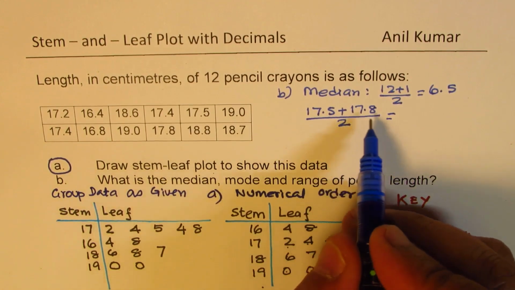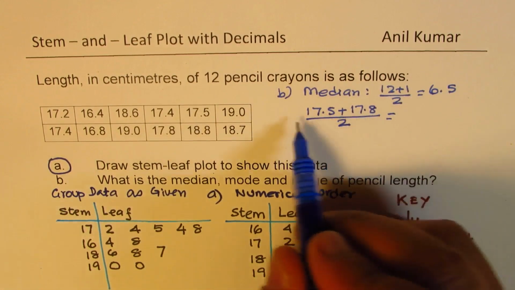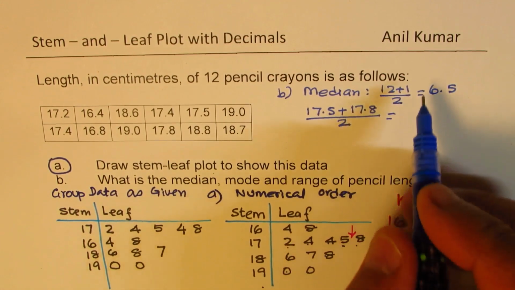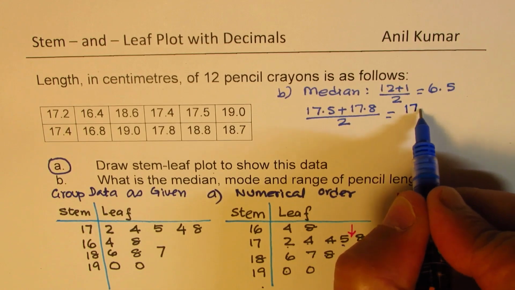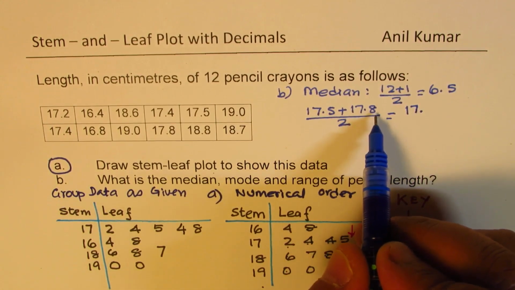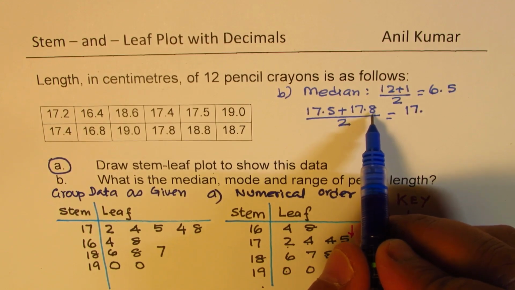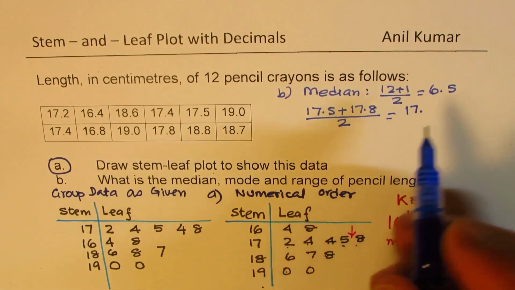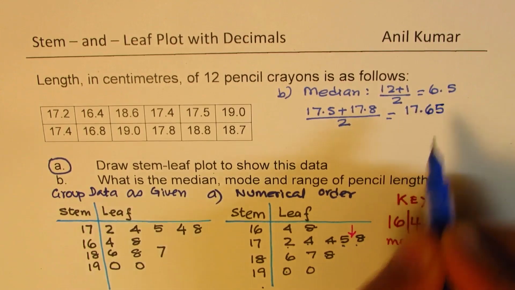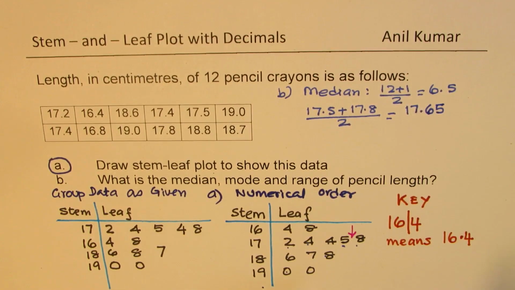Now in this case, 17 plus 17 divided by 2 will definitely give us 17. So we do get 17 here, but in the decimal place, 5 plus 8 is 13, right? So 13 divided by 2 will be 6.5. So here we get 6.5, that means 17.65. That becomes your median for this particular case.